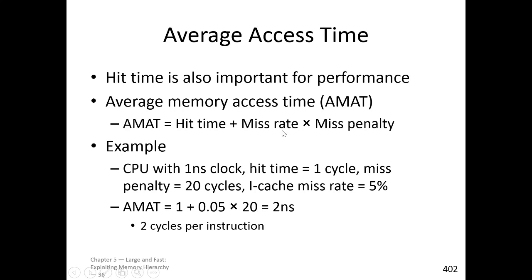That's why we do this multiplication: the percent of misses and the miss penalty. These miss rates are important, and the miss ratio is included because we don't know what percent of the time. We can't know with certainty if it's going to be a miss or a hit. We have to calculate some ratio to make an educated guess. Here's an example below that, and you can try it out, check the math, and see if it works.